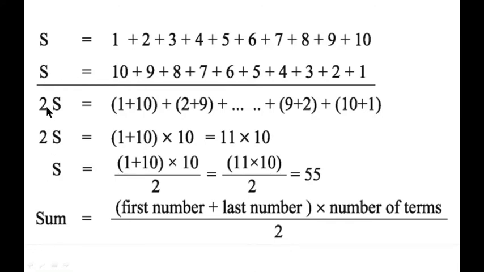And suppose 2S is equal to this, that means S is equal to this divided by 2. So here we must divide by 2 in this formula. That means the summation will be first number plus last number multiplied by number of terms, and at last we must divide by 2.